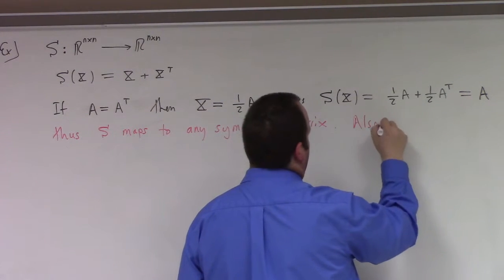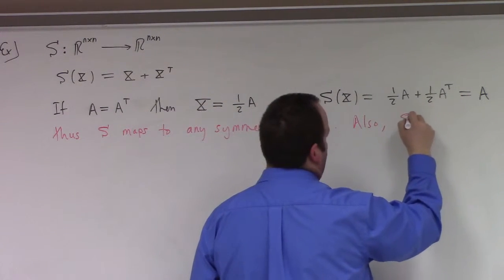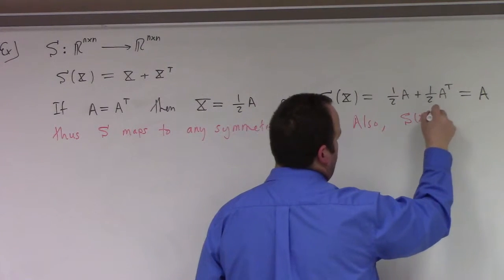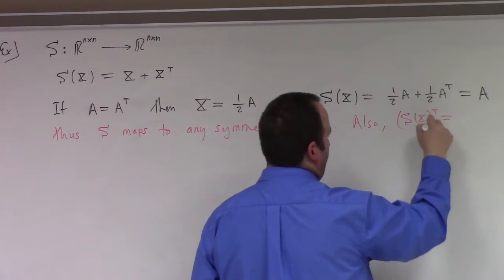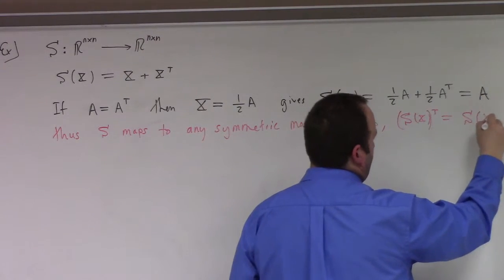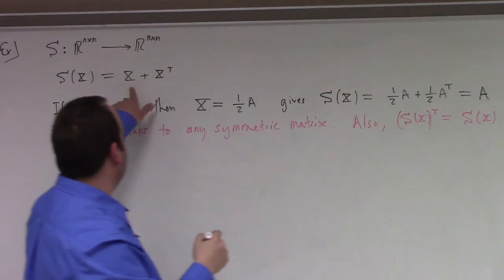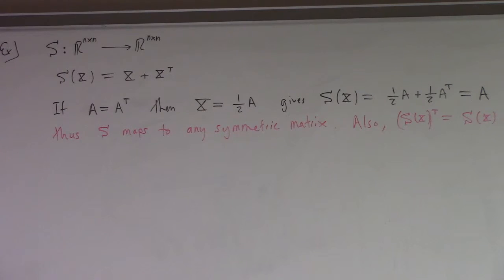Also, you can easily see that S of x transpose is equal to S of x, right? If you take the transpose of this formula, you get it back again. So you put those two things together.